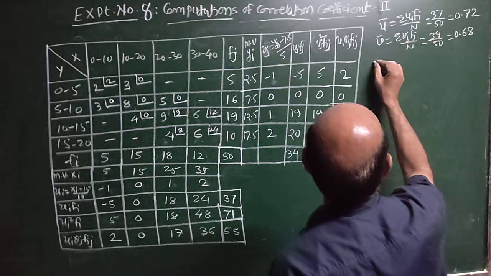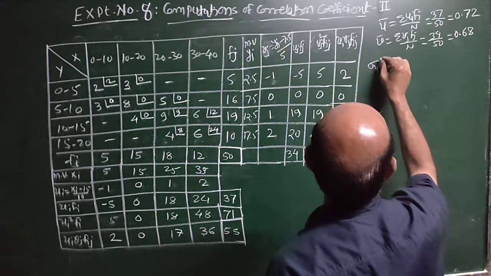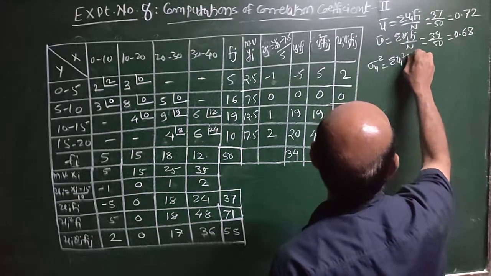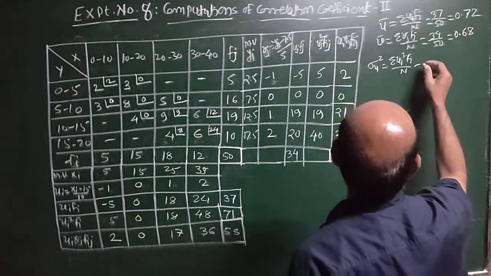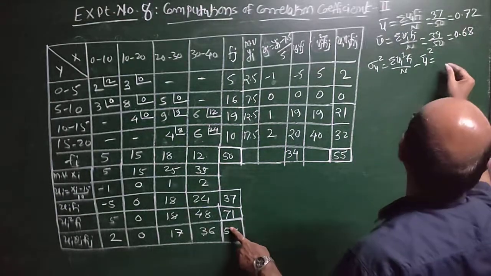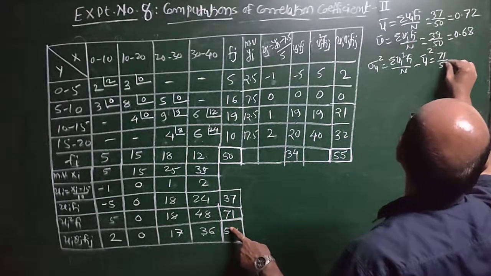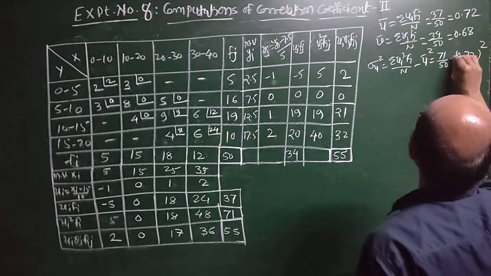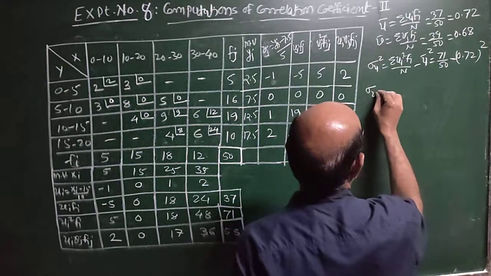0.68. So now sigma u square is summation ui square fi divided by n minus u bar square. So ui square fi will be 71 divided by 50 minus u bar square, which is 0.72 square. Whatever value you get, obtain that.